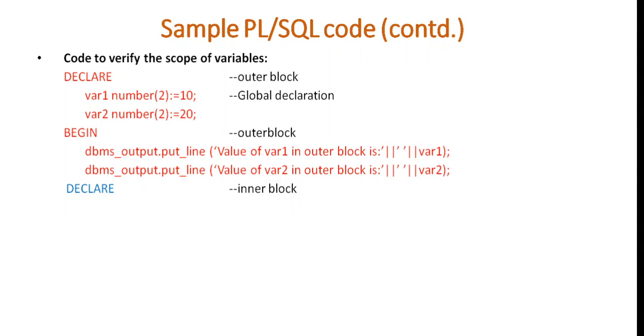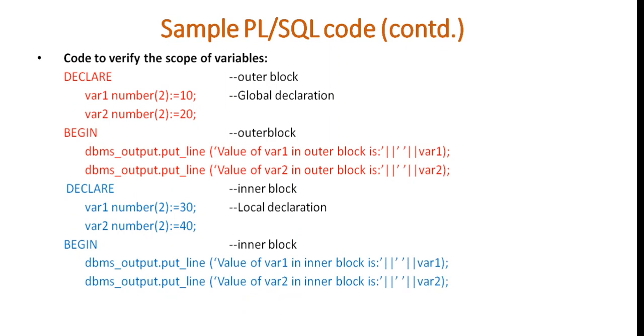Now our inner block is started, with declare. In the inner block we are again using the same variable names given to the global variables, var1 and var2, but here we are assigning different values to these two variables. This is called a local declaration.